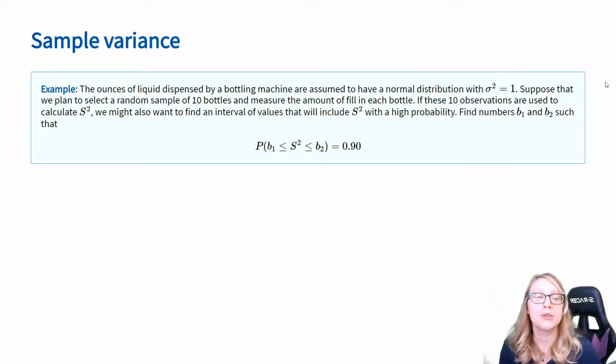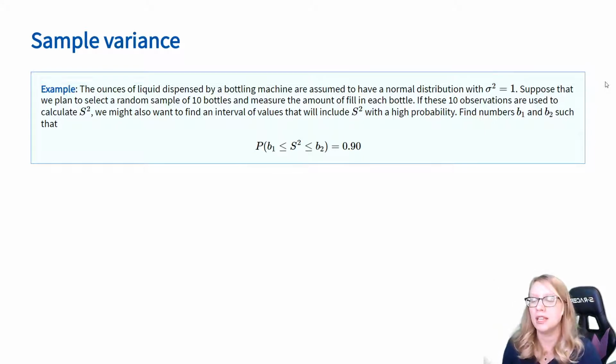Here is where this result is useful. Suppose that the ounces of liquid dispensed by a bottling machine have a normal distribution with sigma squared equal to 1. We plan to select a random sample of 10 bottles and measure the amount of fill in each bottle. In the previous video, we looked at what sample size would be needed to gain a particular level of accuracy.